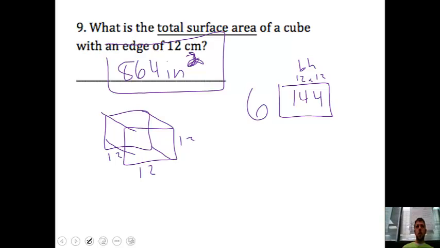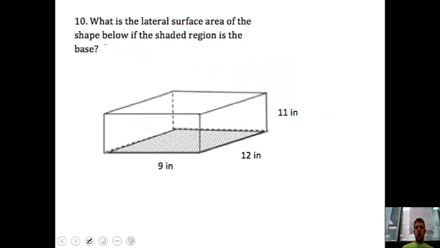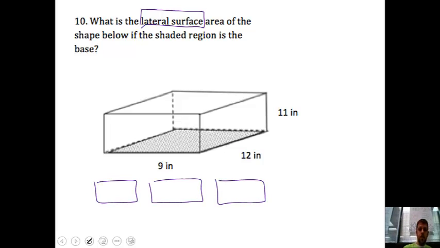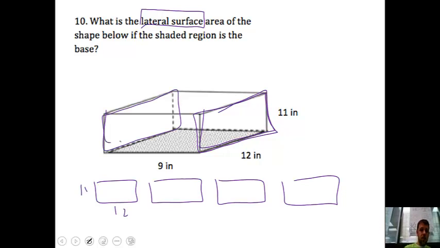Moving on. What is the lateral surface area of the shape below? If the shaded region is the base, we need to find lateral, meaning I just have to find the walls, the sides. We know that there's 4 walls. There's this one, which is 11 and 12. And we already know that this is also 11 and 12.